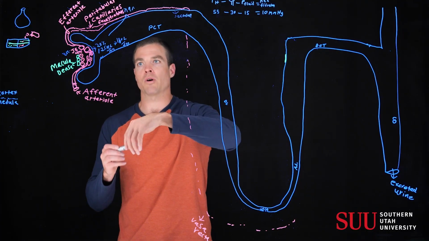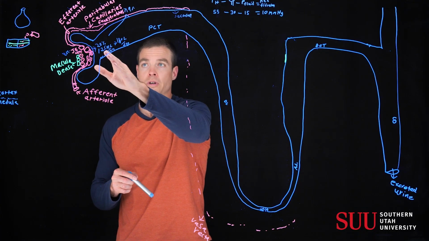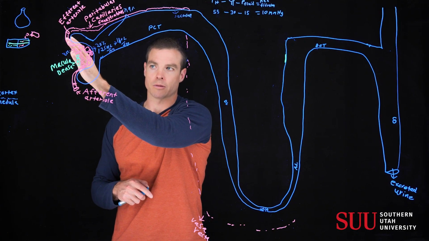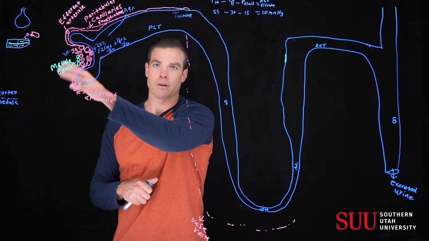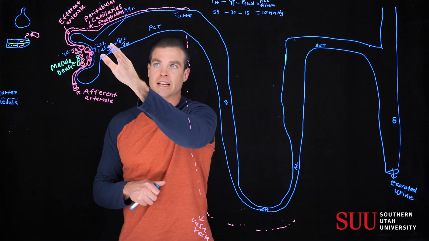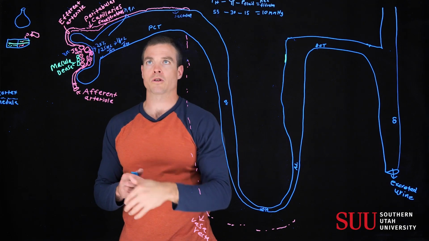So in this case, you're filtering out the things that are staying over here, which will be your red blood cells, your proteins, all of your cells, your larger molecules, but you're filtering and getting your glucose, all your sodium chloride and everything.